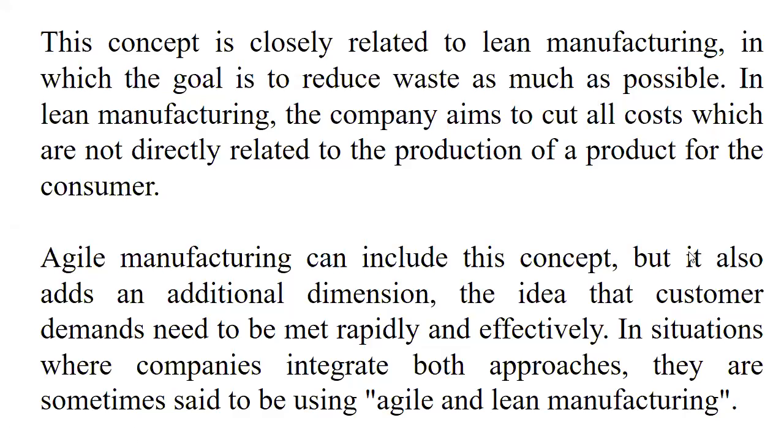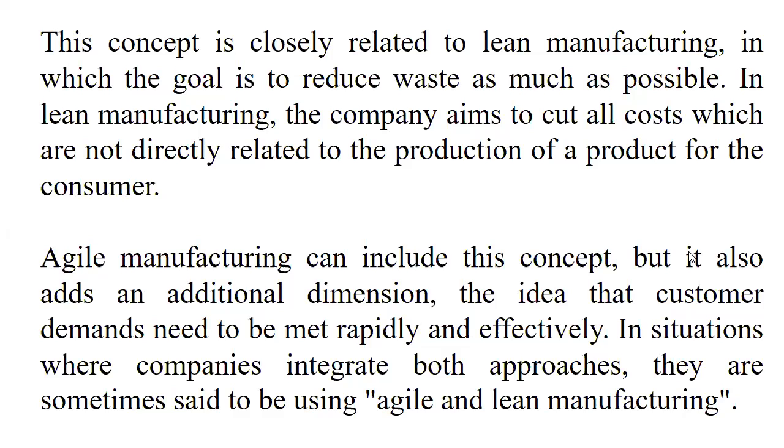but it also adds an additional dimension, that idea that customer demands need to be met rapidly and effectively. In situations where companies integrate both approaches, they are sometimes said to be using agile and lean manufacturing, or go hand in hand.